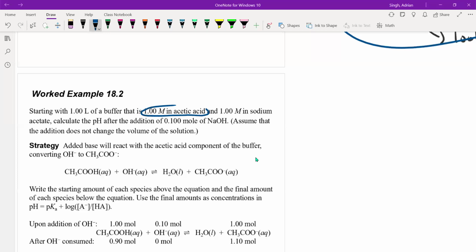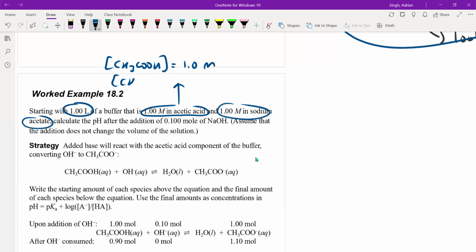So we have a 1 molar acetic acid and it's 1 liter, so it makes the calculations a bit easier. And also 1 molar sodium acetate, right? So we have here our acetic acid concentration is 1.0 molar. The sodium acetate, which would give us the acetate ion concentration, is also 1.0 molar.